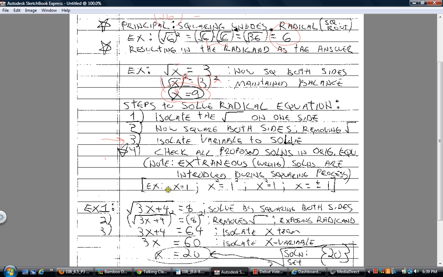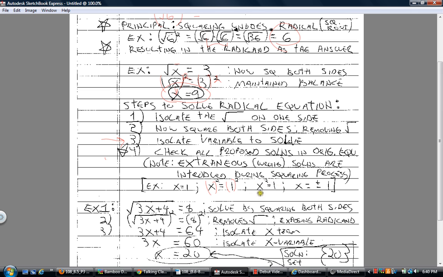Here's the example they give for the informal proof of that. Start with the statement x equals 1. Square both sides of the equation. x squared equals 1 squared, so x squared equals 1.